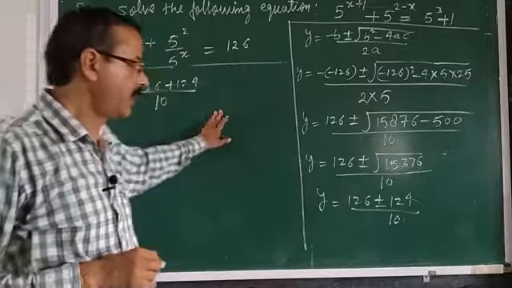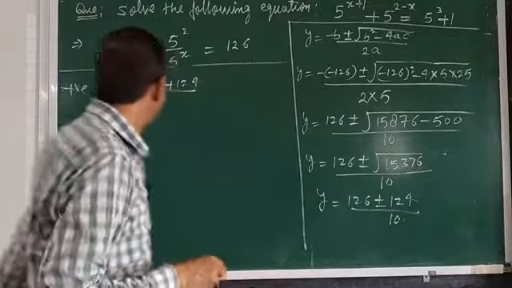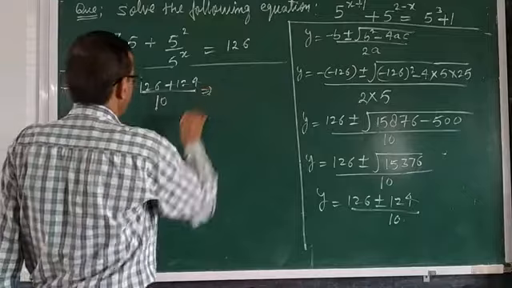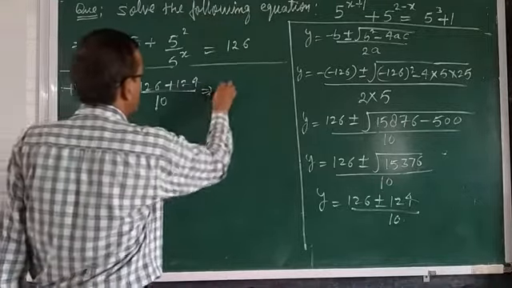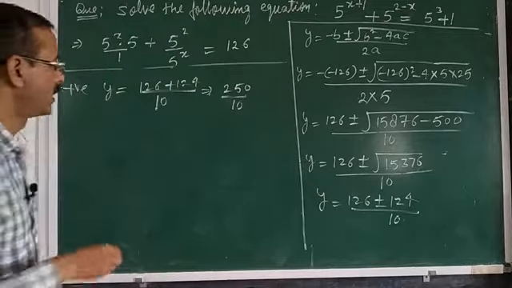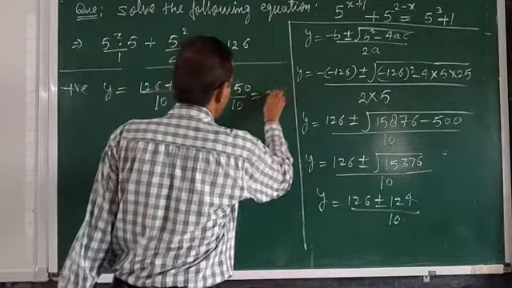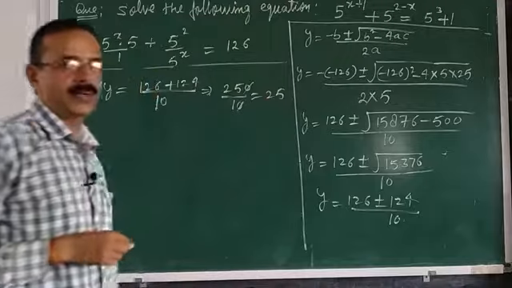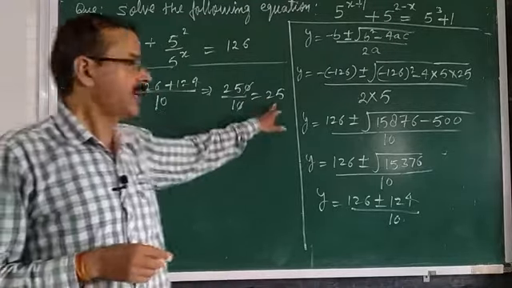That will be 250 upon 10, right? The zeros cancel, so that will be equal to 25. It means y is equal to 25.